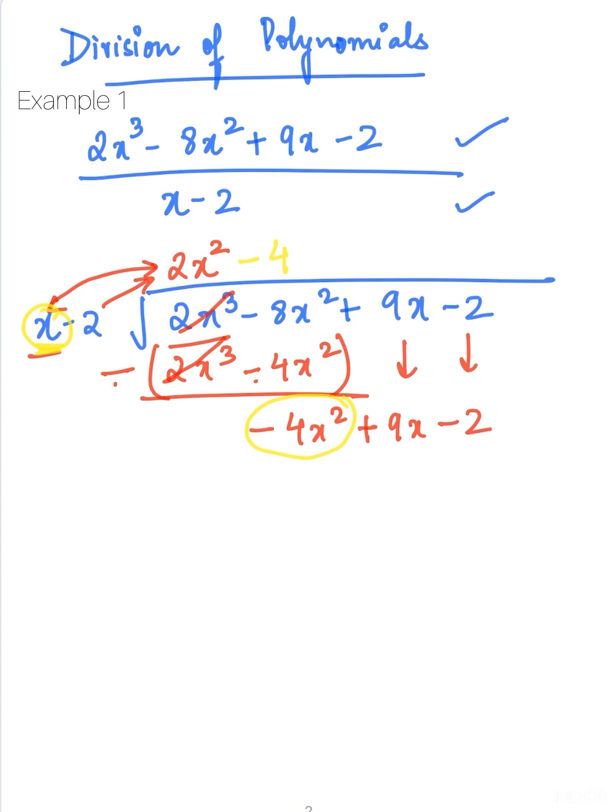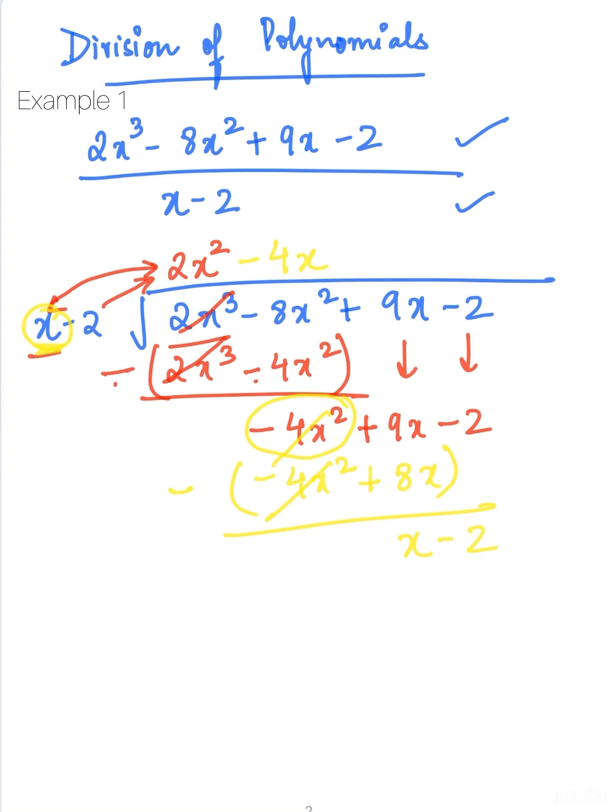I already have x, so I'm going to go for negative 4x. When I multiply this, I get negative 4x squared, and then I go to the second term, which is going to give me 8x. I will subtract all of this and write my terms, x minus 2.